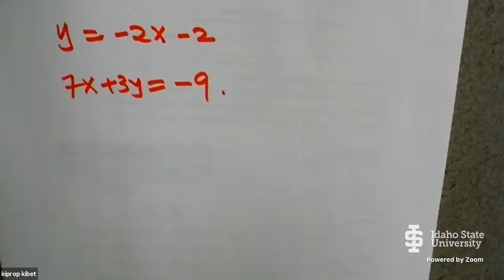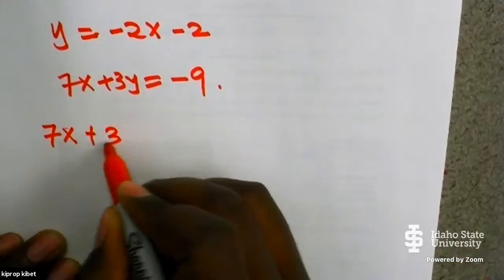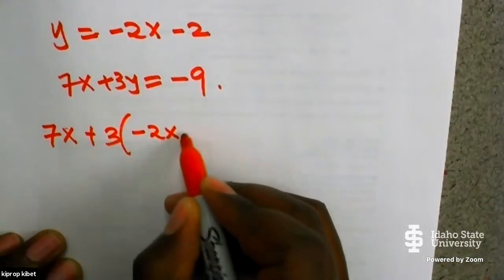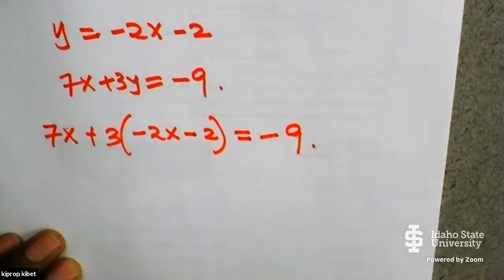So you should know all those methods that you have. Here we can use the substitution method. Where there is y in the second equation, you replace it by 2x minus 2. So what do you get? 7x plus 3 times (2x minus 2) equals minus 9.